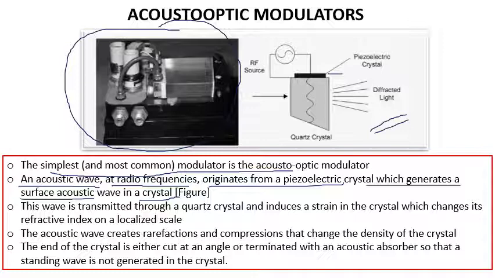The RF signal is applied to the piezoelectric crystal, and it produces sound or radio frequency waves in this quartz crystal, and this quartz crystal acts like a diffraction grating.